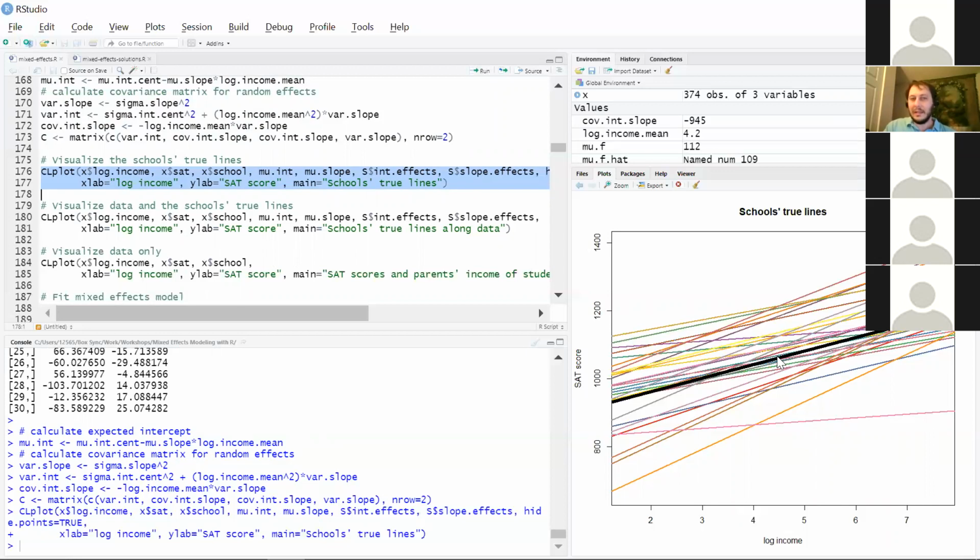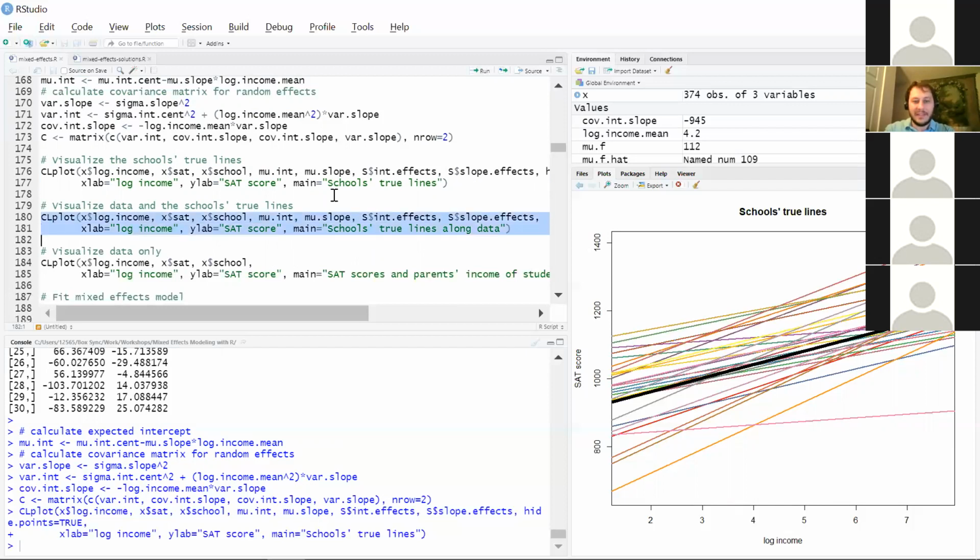Its intercept deviates by some normal amount, its slope deviates by some normal amount, and in fact those deviations are not independent of each other. Although the schools' lines are generated independently of each other, a given school's slope and intercept are not independent of each other. Our slope and intercept deviations from the black line are not independent.